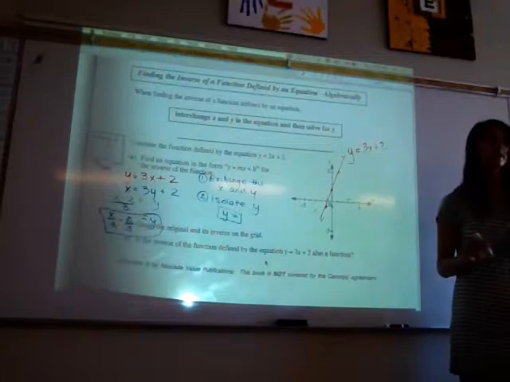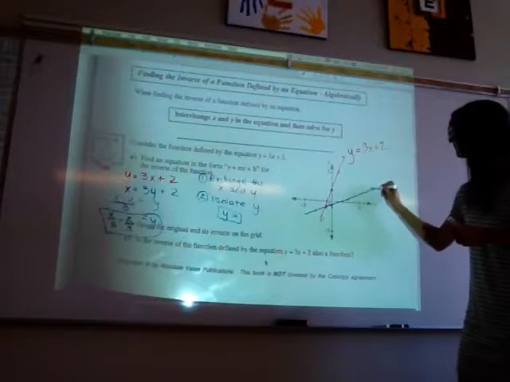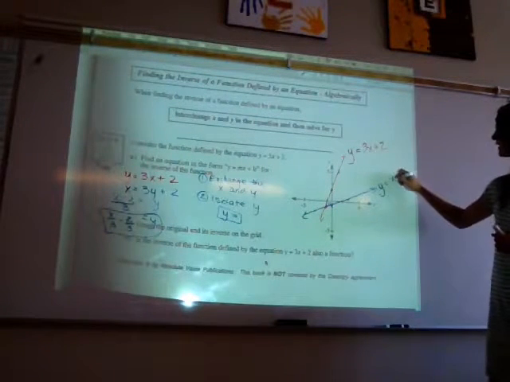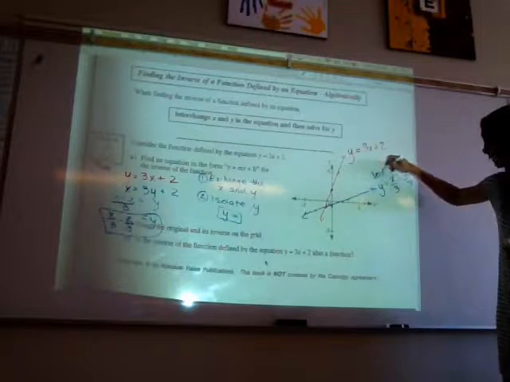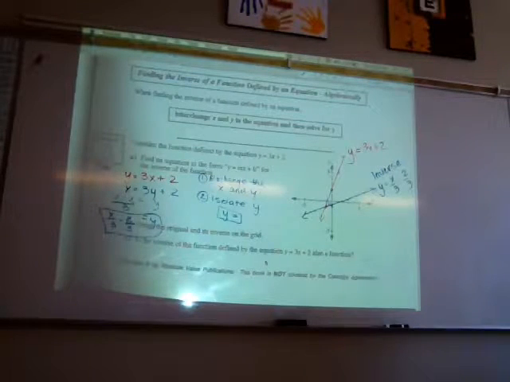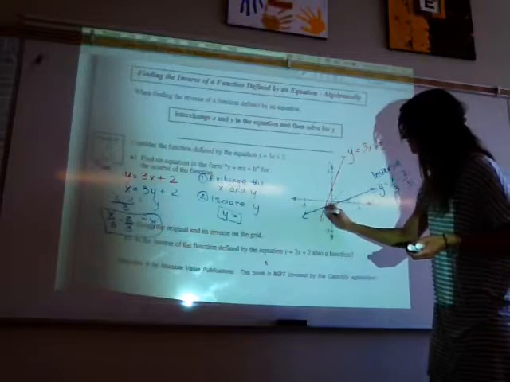We have enough points that we can now draw a line through them. And that's the graph of y equals x over 3 minus 2 over 3. If you also want to label it the inverse, go ahead. Try to draw a mirror line.